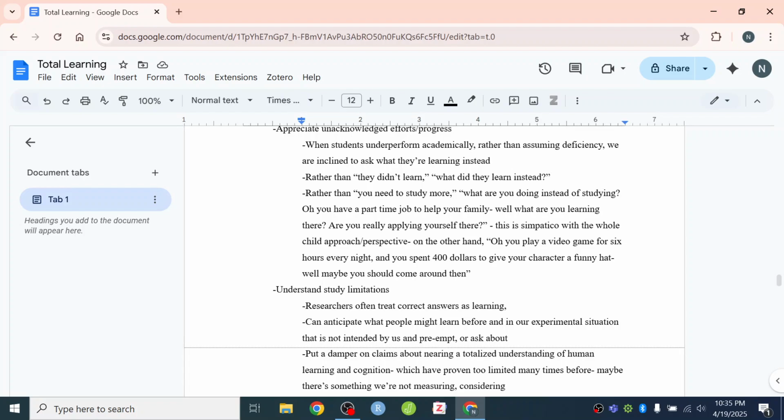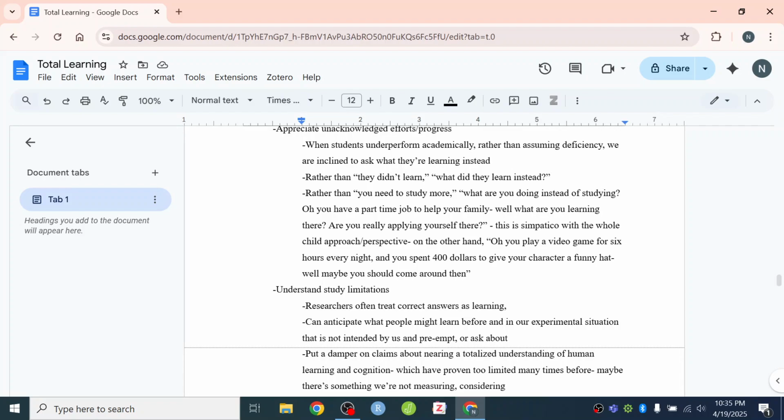Rather than saying, oh, we're going to present this information and we intend for them to learn this information and they're going to learn or not learn that information, we can say, oh, we're going to present this information that we intend for them to learn, but probably they're going to learn a bunch of things that we don't intend for them to learn. What are those things and how can we incorporate them into our study?